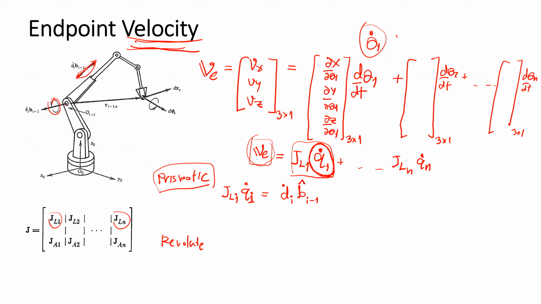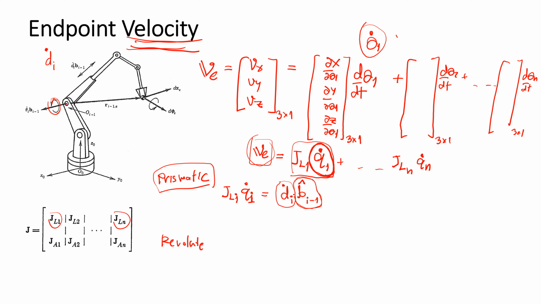It means that the effect of one prismatic joint depends on the velocity of that prismatic joint, di dot, and the direction of that prismatic joint. The direction of that prismatic joint is described by the unit vector.